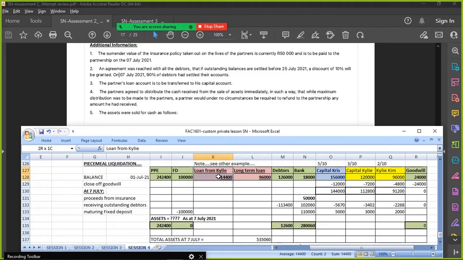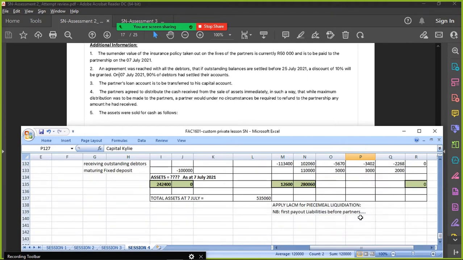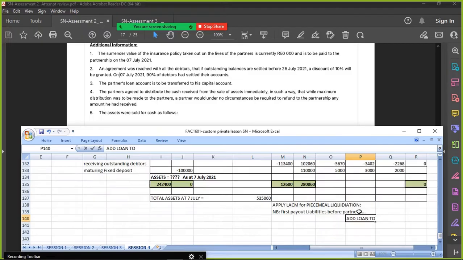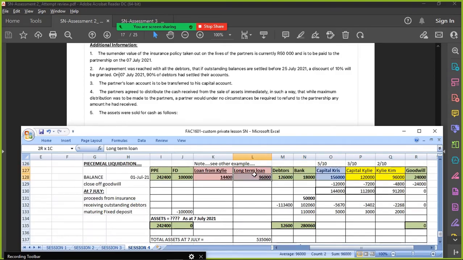If it's a loan from her, it's a liability. To close off the liability, you would debit that account and credit the capital. So Kylie's account will increase. In other words, she'll be entitled to more, not less. Make sense? Yeah. So you'd have to add the loan to Kylie. That's not going to affect my assets though.